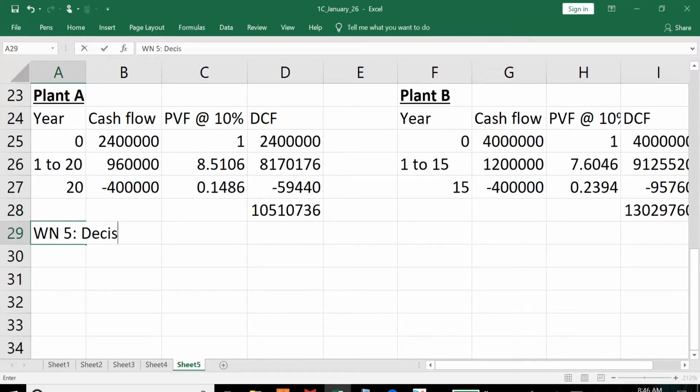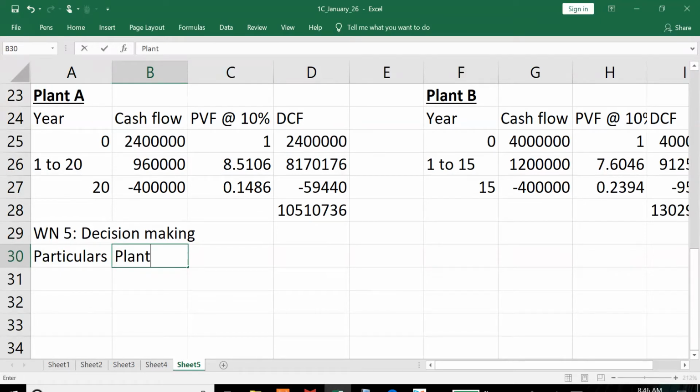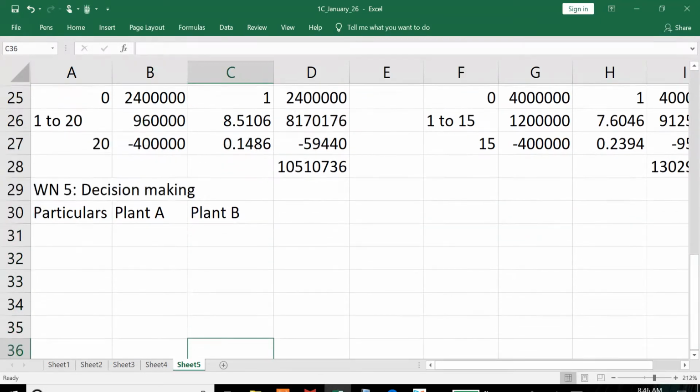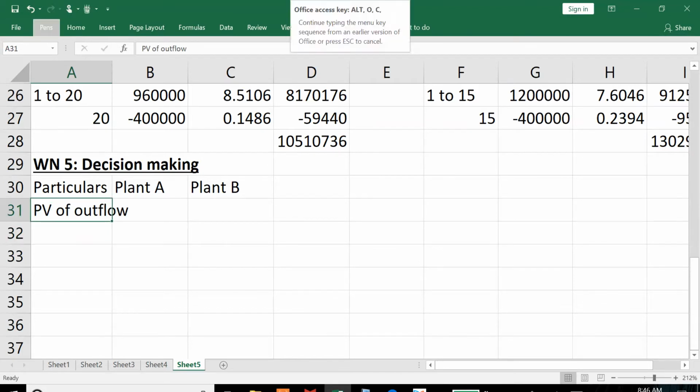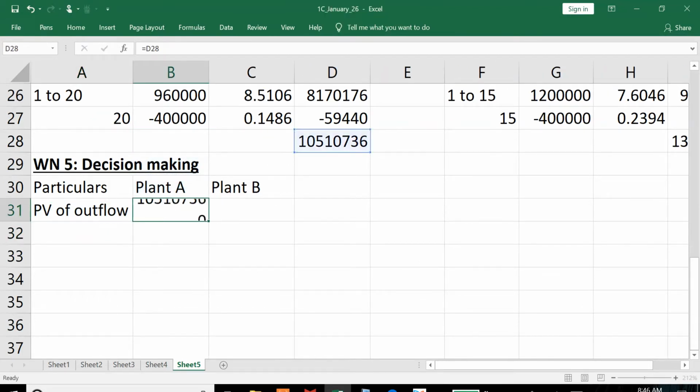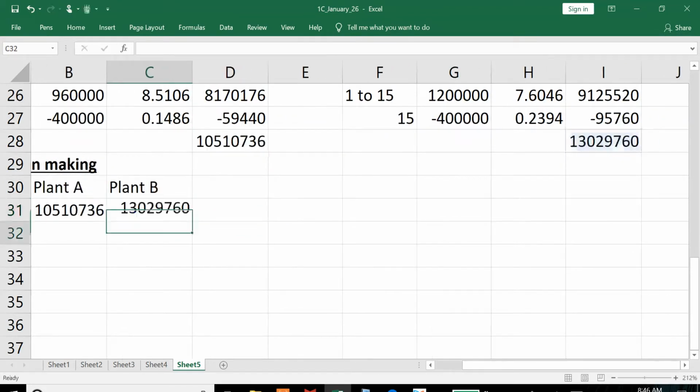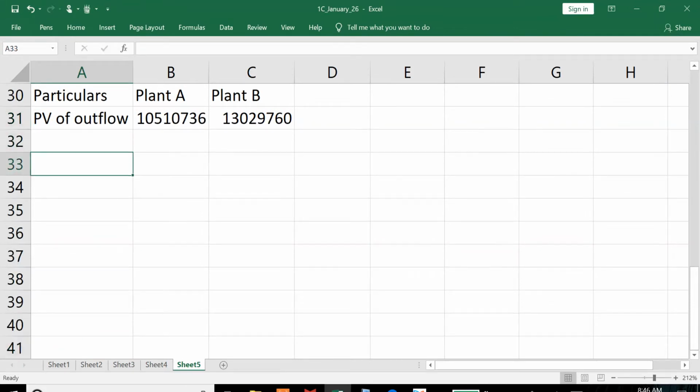Decision making. Particulars, plant A, plant B. Present value of outflow 1 crore 5 lakh 10,736, 1 crore 30 lakh 29,760.